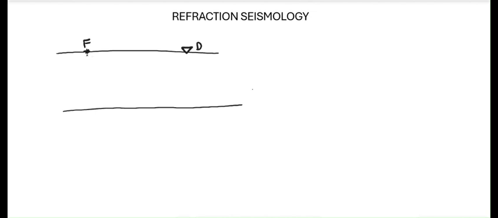Now, let's say we induce the source to produce the seismic waves, right? So let's assume this is going to be our incidence. Let me erase this to make it much clearer. That's going to be our incidence.